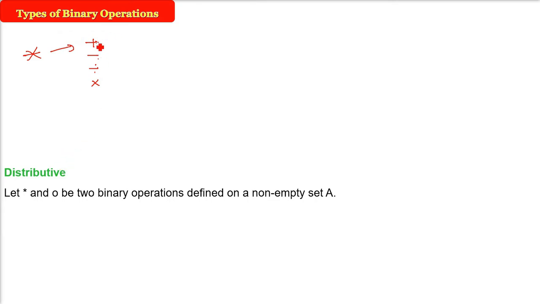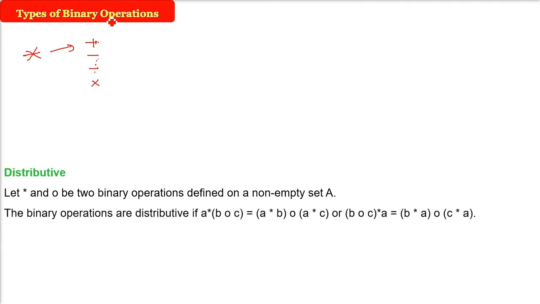But we have to take two symbols here in order to represent the distributive property. So what we are doing here is a star, because this is the first operation. And we have to use another operation, so we cannot use this star. So let us say we are using another symbol of operation which is called O.